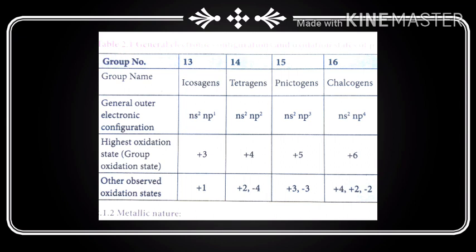Why? What is the reason? Because the outer s electron has a tendency to remain inert. That is, the ns2 electrons remain inert and do not get involved in the bonding. That is called the inert pair effect, and this is possible only for the heavier post-transition metals, that is, those with more size.